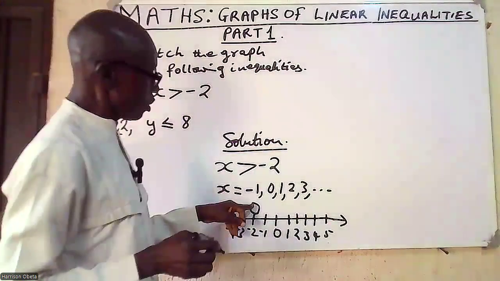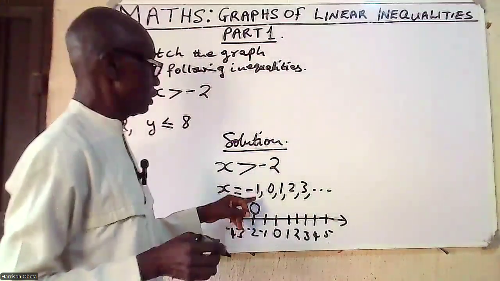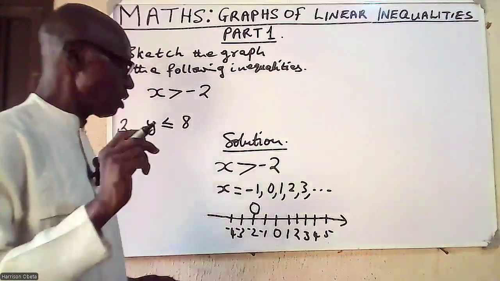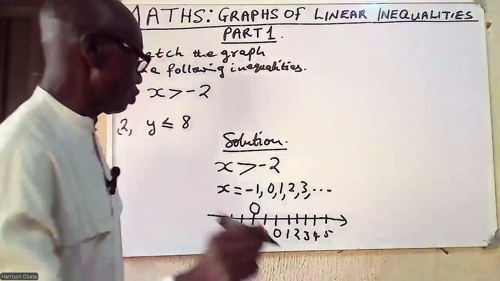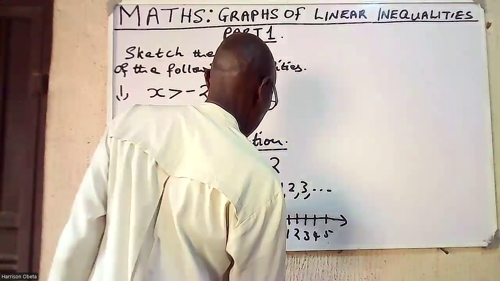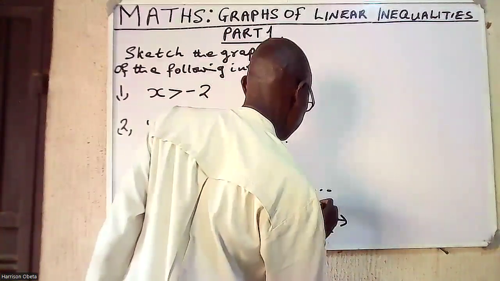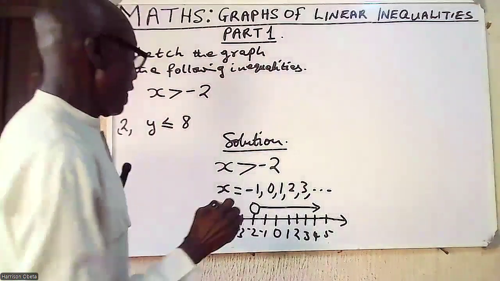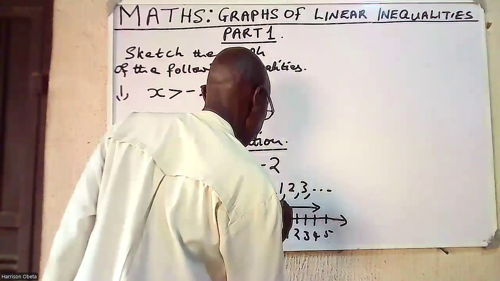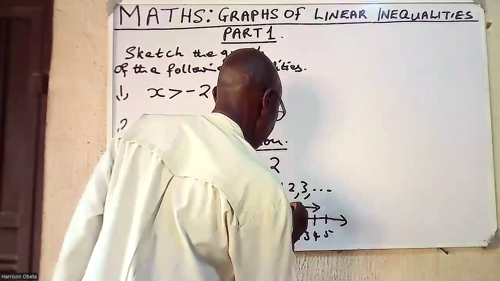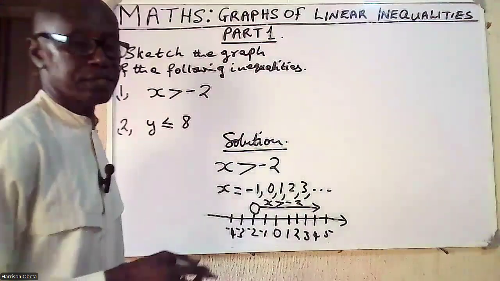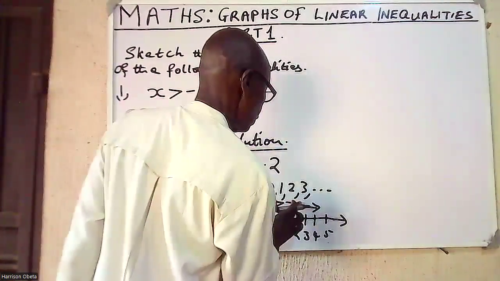Now, we are not going to shade this because x is greater than -2. That means x cannot take the value of -2. So arrow will go like this. And that is x greater than -2.